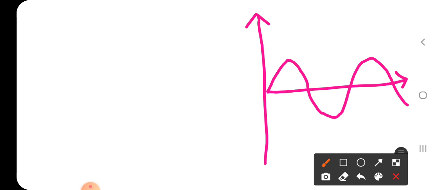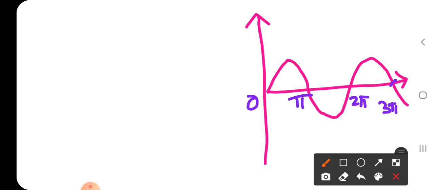Let me assume it starts from 0, it is pi, 2 pi, 3 pi. Basically the waves are of three types: unidirectional wave, bidirectional wave, and constant magnitude wave.